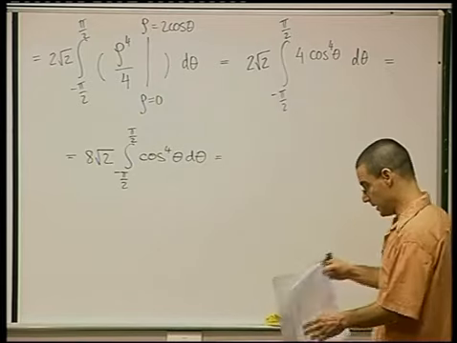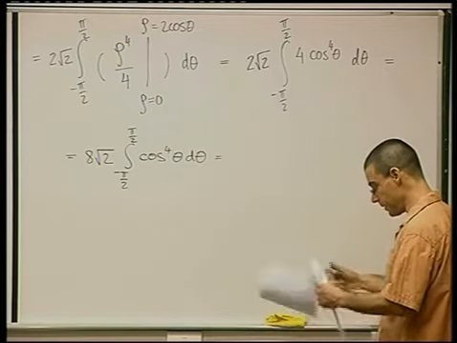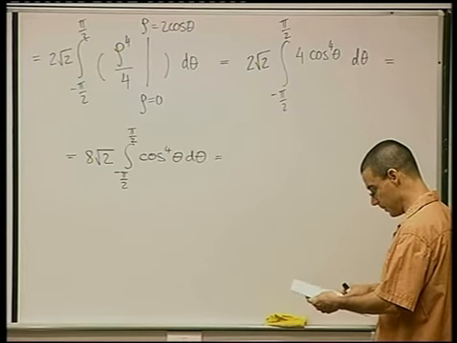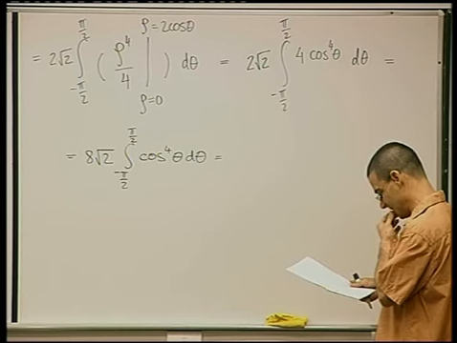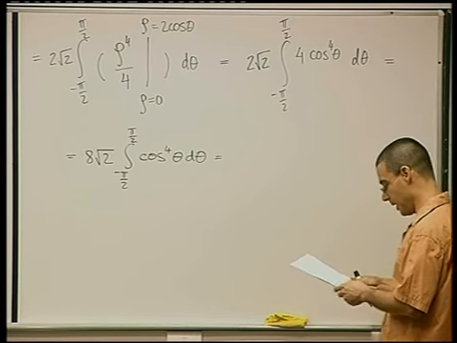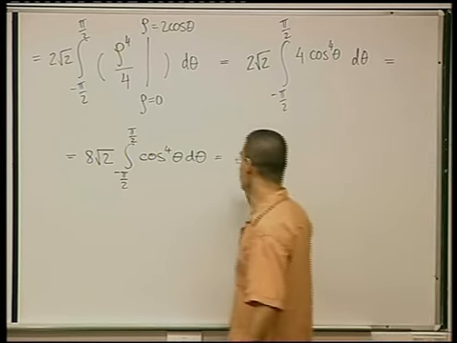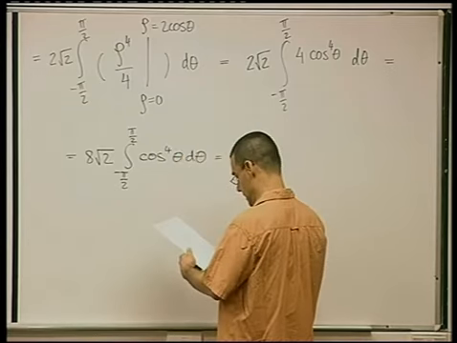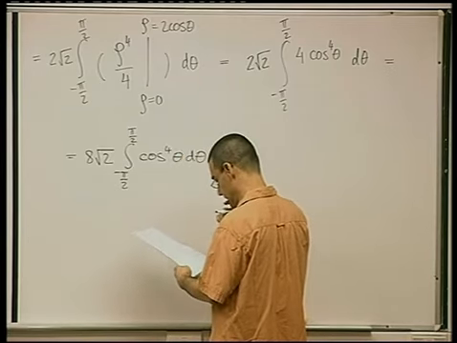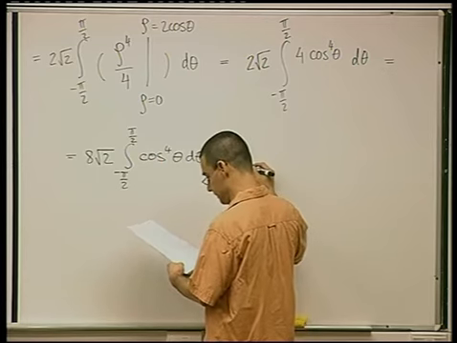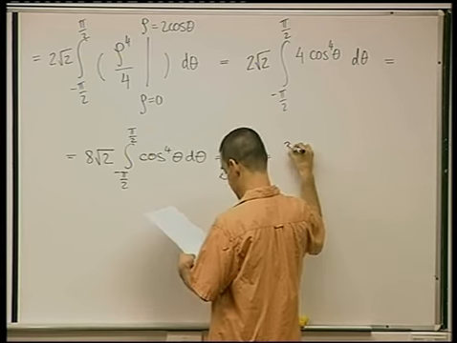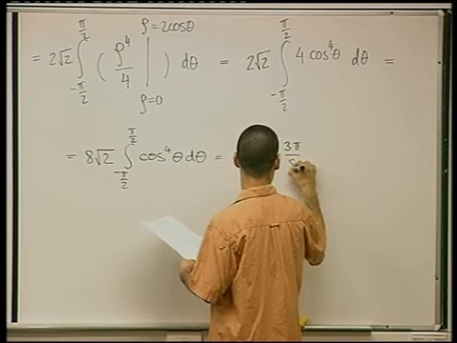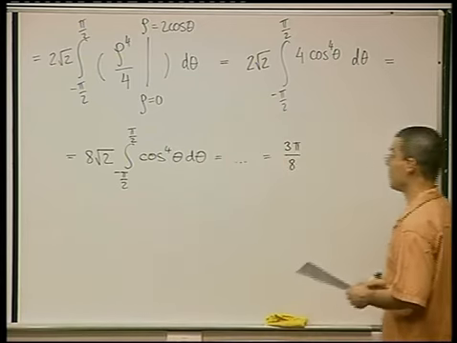Okay, so how do we calculate this? I'm not sure I want to write all the details. Nah. Okay, so I'll tell you what it ends up being, providing I did it correctly. I got 3 pi over 8. You can verify that.